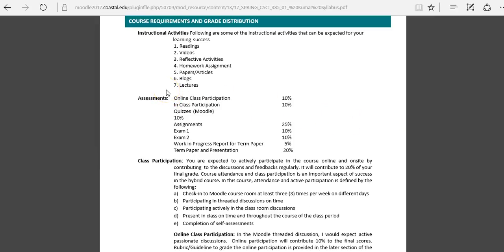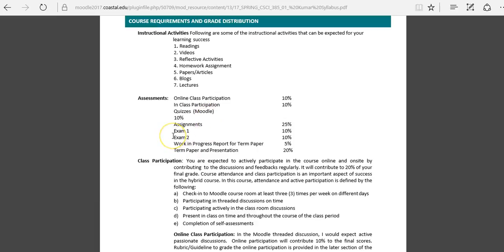I will be providing a variety of assessments. Class participation contributes 20% of the class grade, and then quizzes about 10%, and then the assignments, up to 4 to 5 assignments throughout the course, will contribute 25% of your final score.